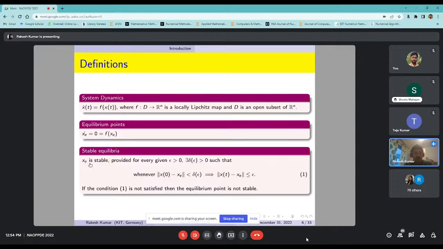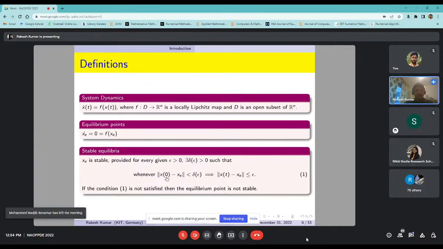Then for every given epsilon greater than 0, if we find a delta neighborhood of the equilibrium point x_e, and this is the initial condition of the solution, then your solution will remain within a particular bounded region, a region of radius epsilon.